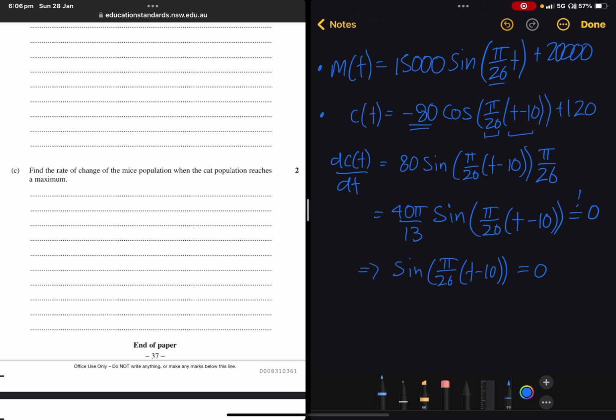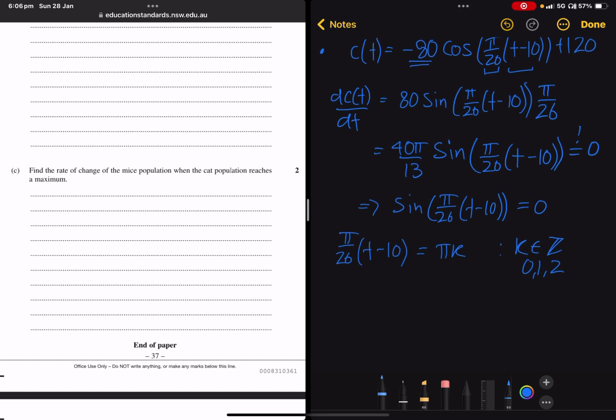So this means pi on 26 times (t minus 10) has to be equal to pi k, such that k is an integer. And in fact here, the only integers we're allowed to have are 0, 1, and 2. So we're just going to let k equal 0, and we will find that t is equal to 10.